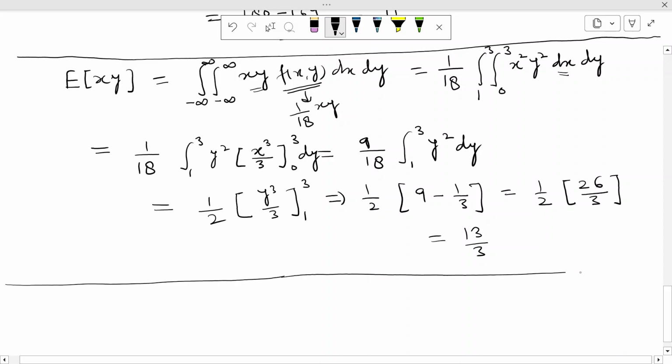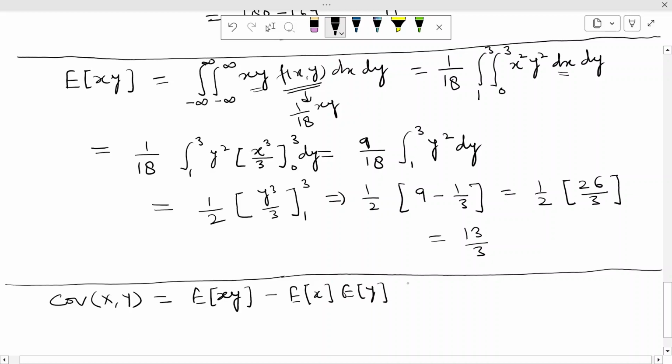Now we can use these values, and we first obtain the covariance of xy. So covariance of xy, the formula of the same is expectation of xy, the joint expectation, minus the product of their individual expectations.